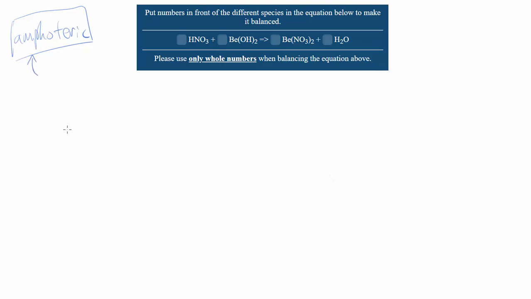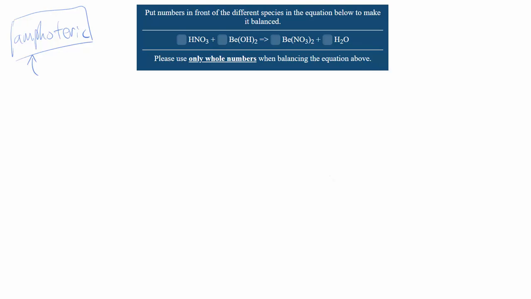It's got to do with beryllium's ability to act both as a base, which it is in this particular equation, and also to function as an acid. So if you look into how it might react with something like NaOH, you might find something interesting. But anyway, that's not the focus of this. We're going to focus on just the balancing aspect of this whole question.